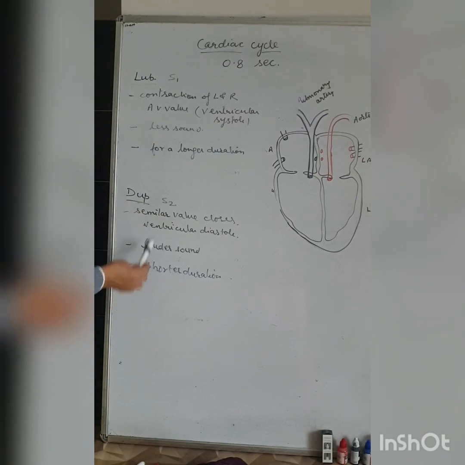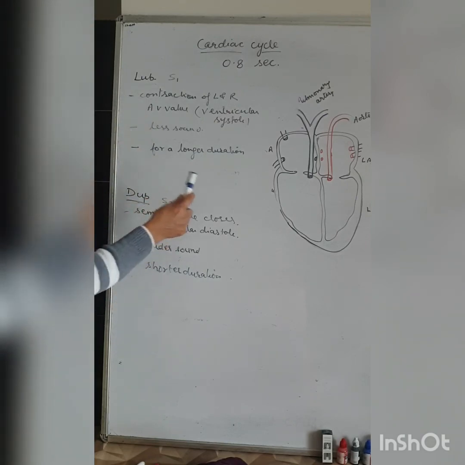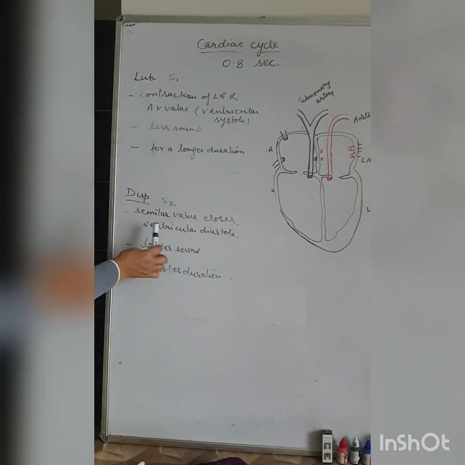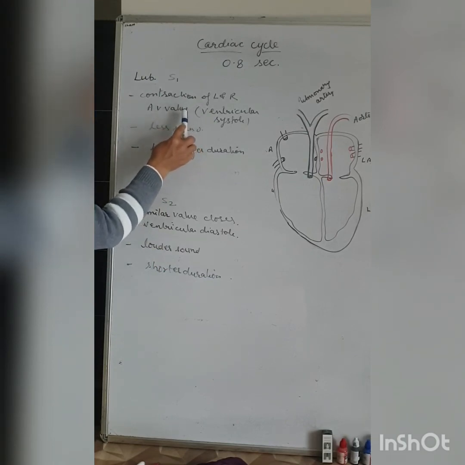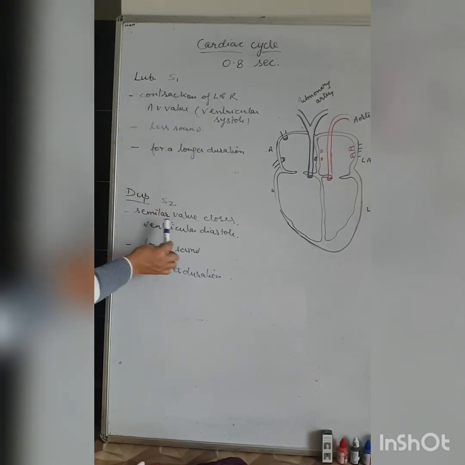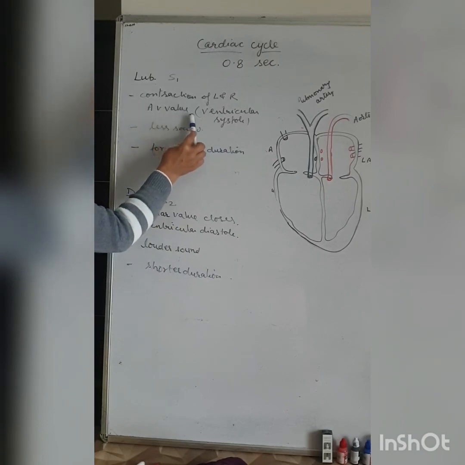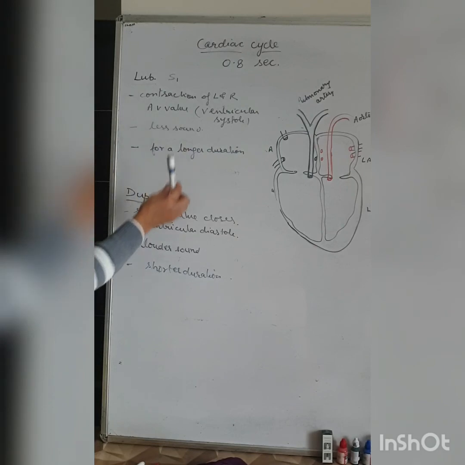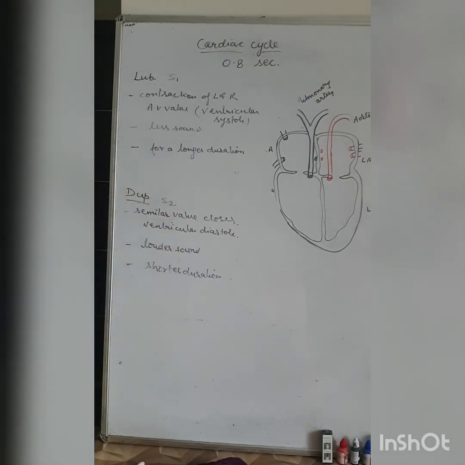So these are the events that take place during the lub and dup sounds: the closing of the atrioventricular valves, the closing of the semilunar valves, ventricular systole, ventricular diastole, softer sound, louder sound, the longer duration and the shorter duration. Now we discuss the cardiac output, stroke volume and the heart rate.